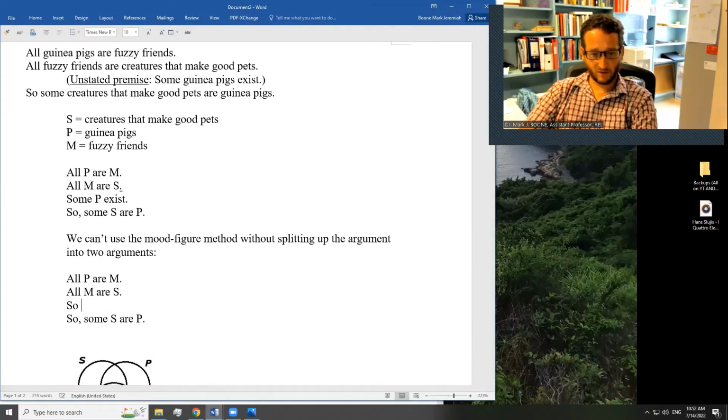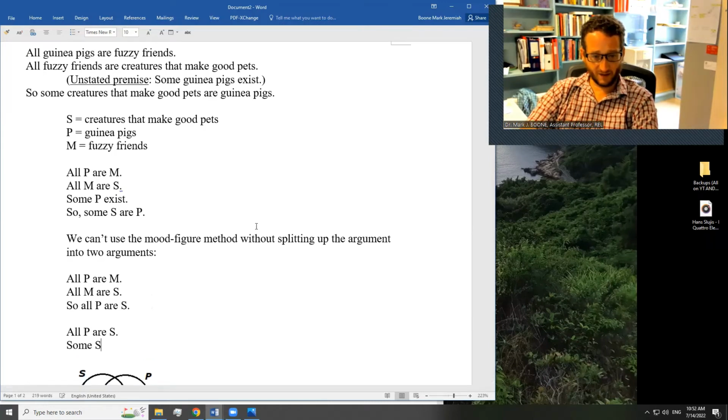Therefore, all P are S. Sure don't feel like standard form though. And then all P are S, some P exist, so some S are P.